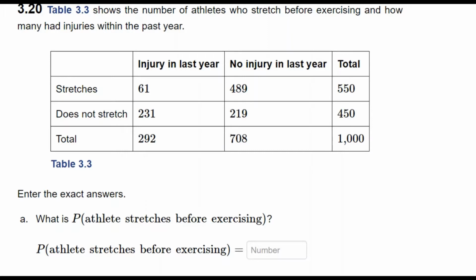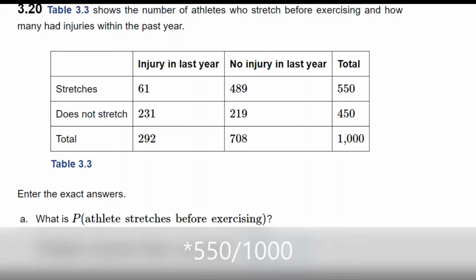I'm sure you say 550, because that will include the total number of athletes, whether they were injured or not, who stretched. So the answer to this question, the probability that the athlete stretched before exercising, is 550 out of the total number of athletes, which was 1000.